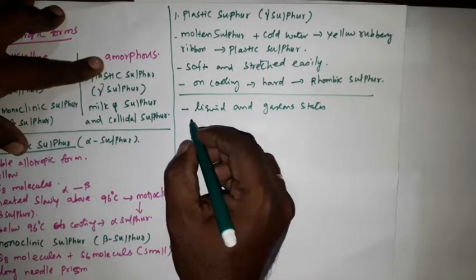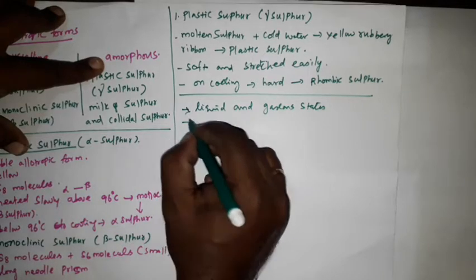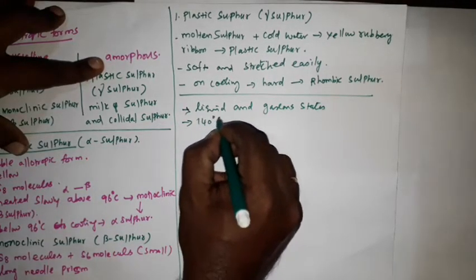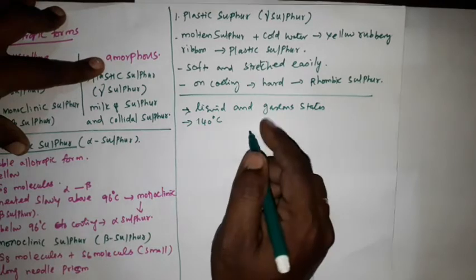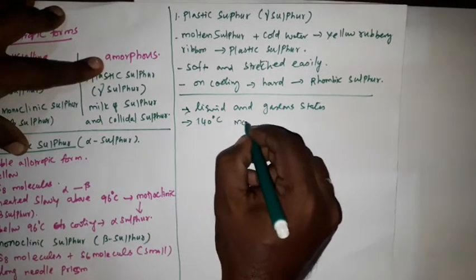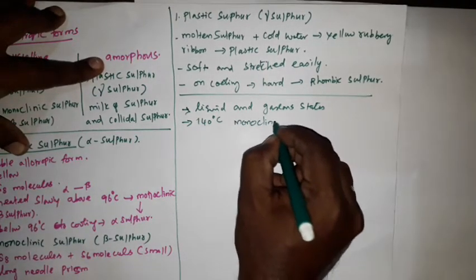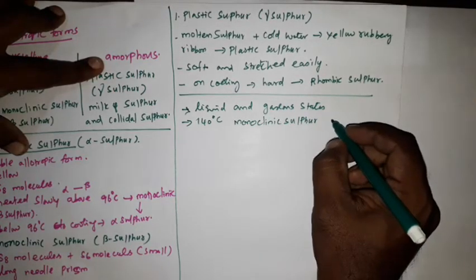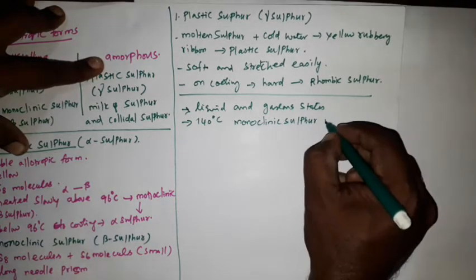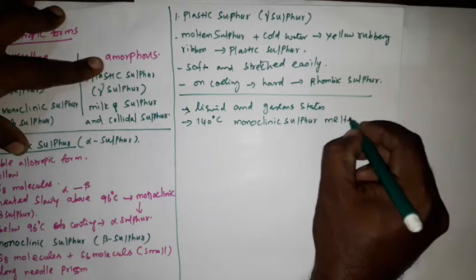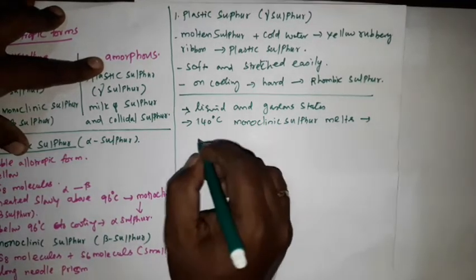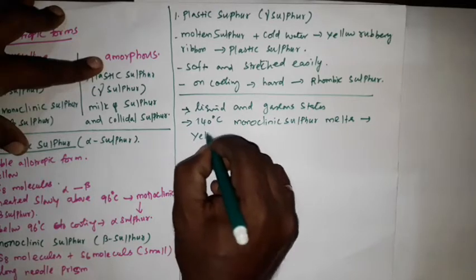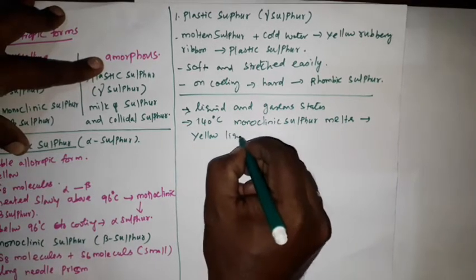Around 140 degrees Celsius, monoclinic sulfur melts and forms a mobile yellow liquid.